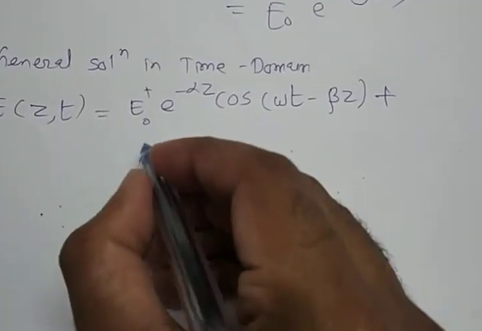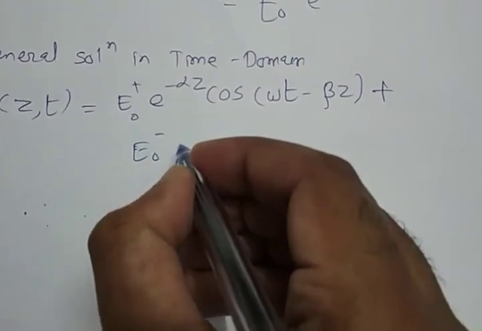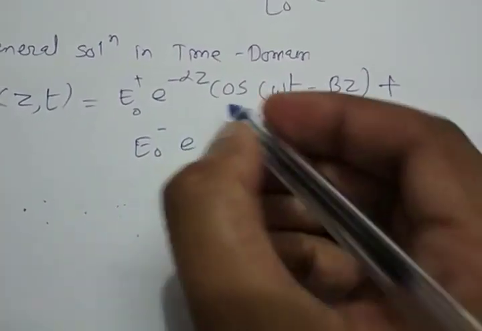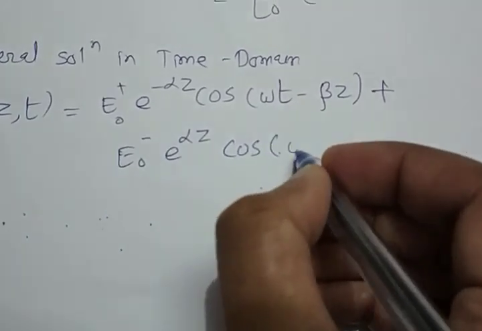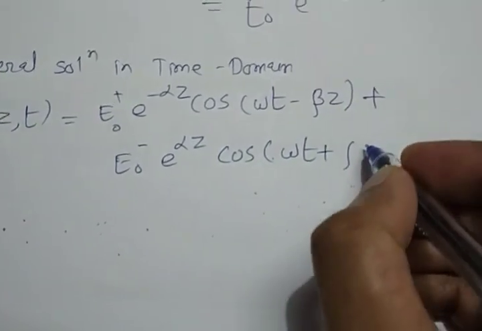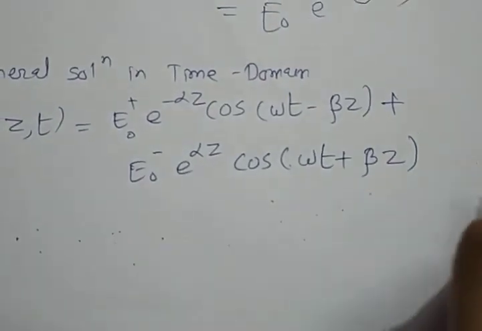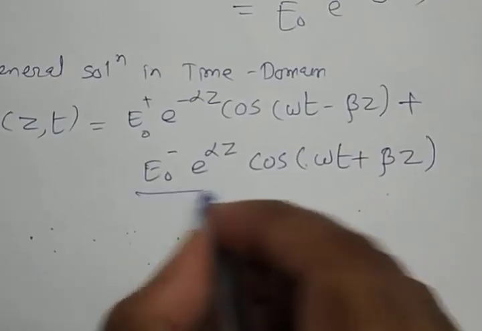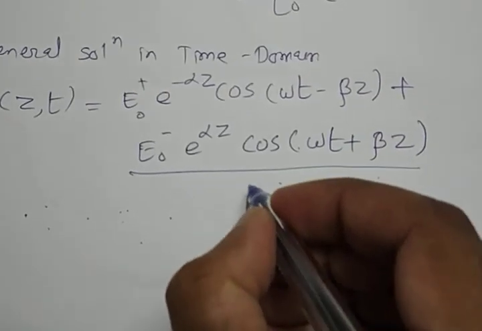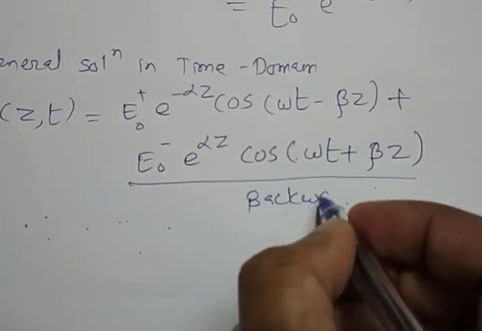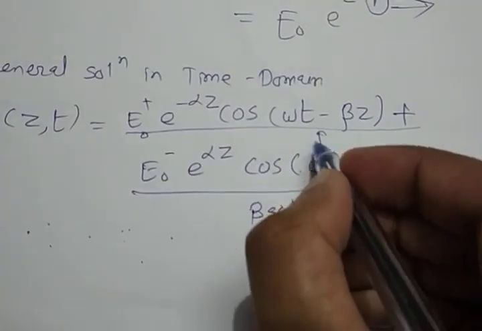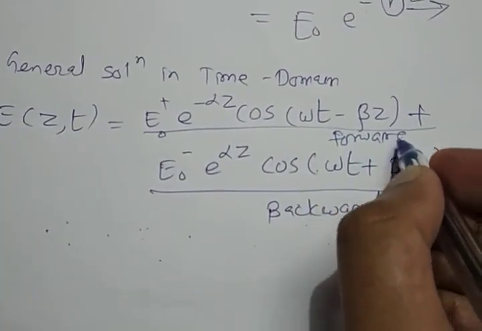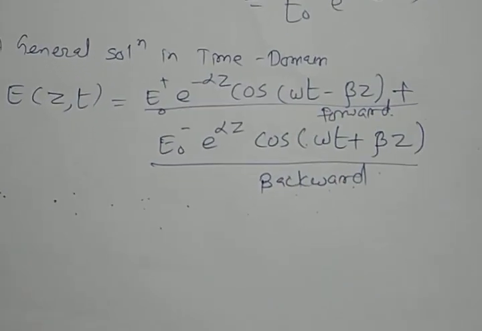For the reverse wave, we will have the same expression with a minus sign, and here we will get the positive sign, alpha z cos of omega t plus beta z. So this is for the reverse or backward, and this one is for the forward wave.